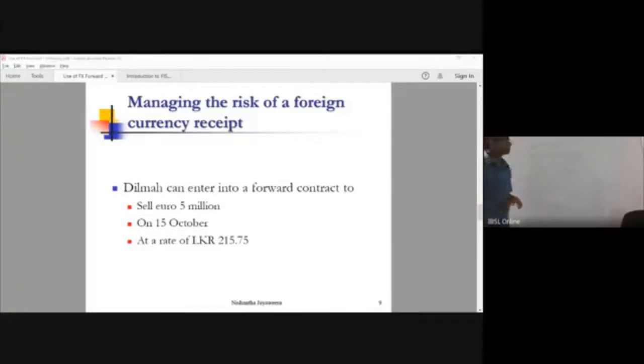What would happen by October 15? Say the Euro LKR rate is 200. Then this euro 5 million would be equal to just 1 billion rupees. He is losing 50 million rupees.